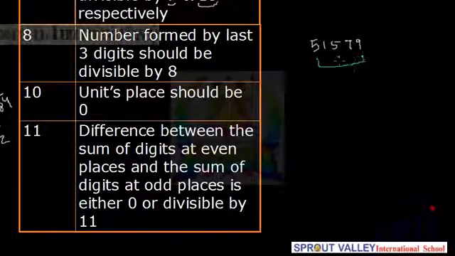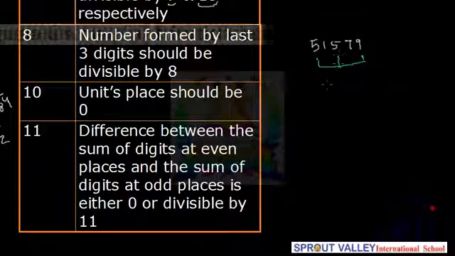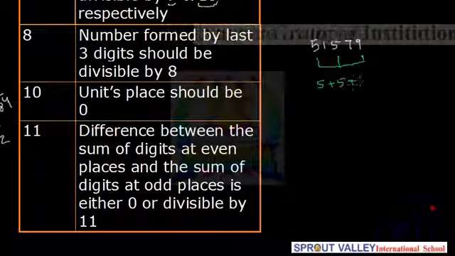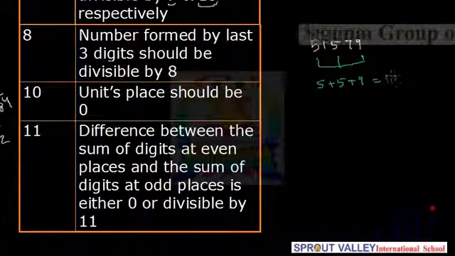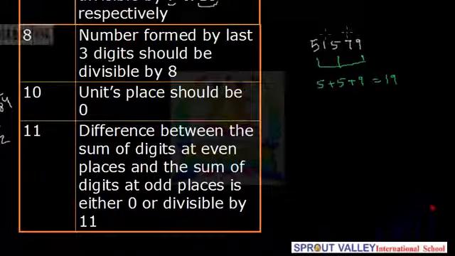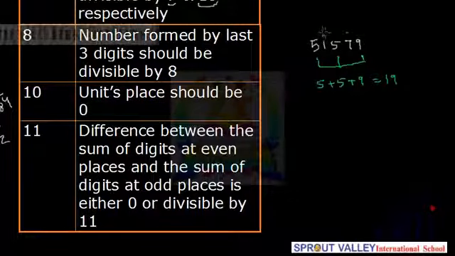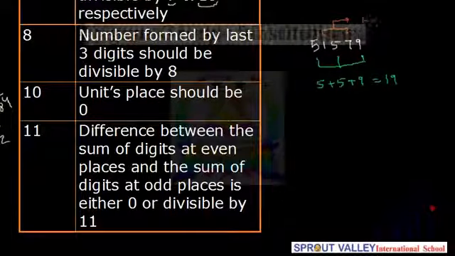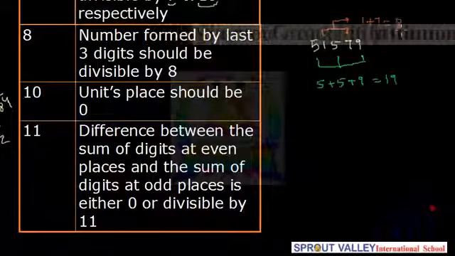So these are the numbers at odd places and their sum will be 5 plus 5 plus 9, that is 19, right? And then these digits will be at even places, and they are 1 plus 7 is equal to 8.